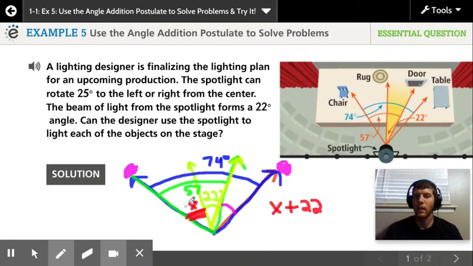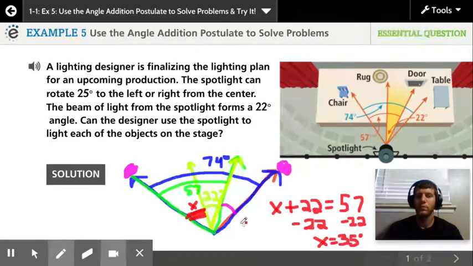Its two parts are x and 22. So x plus 22 should be equal to 57. We can now subtract 22 from both sides. 57 minus 22 gives us x equals 35 degrees.